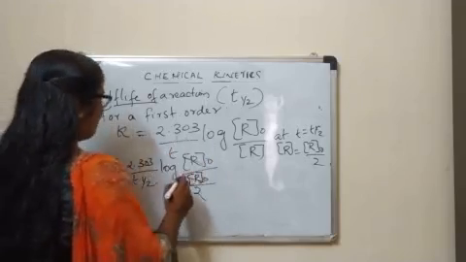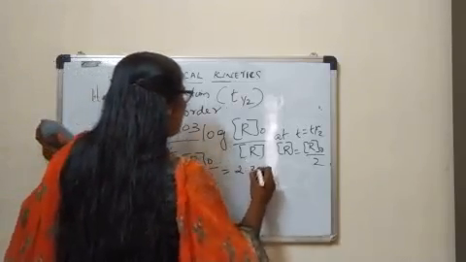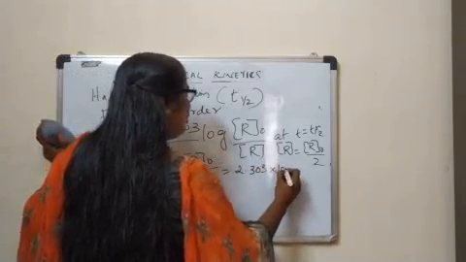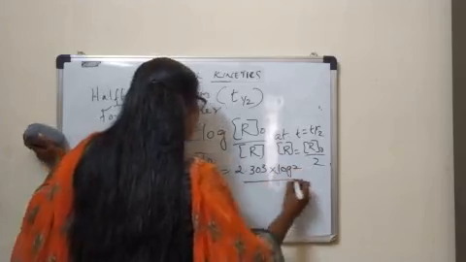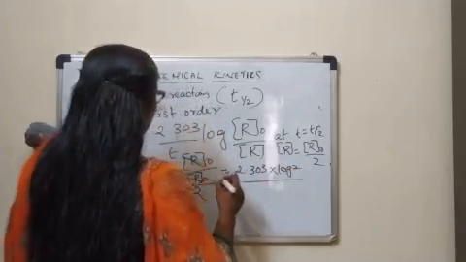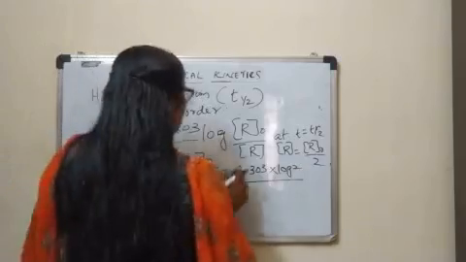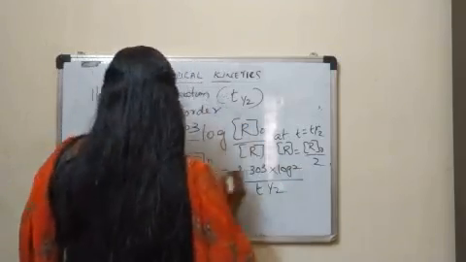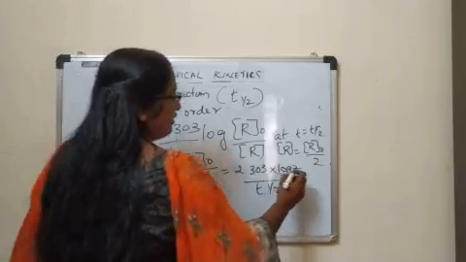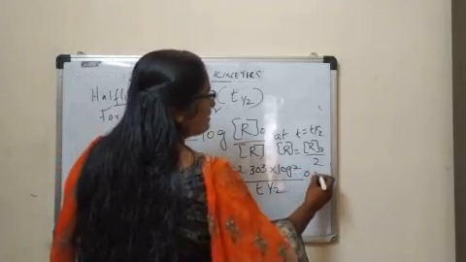So it will be k is equal to 2.303 into log 2 divided by t half. We know log 2 is equal to 0.3010.